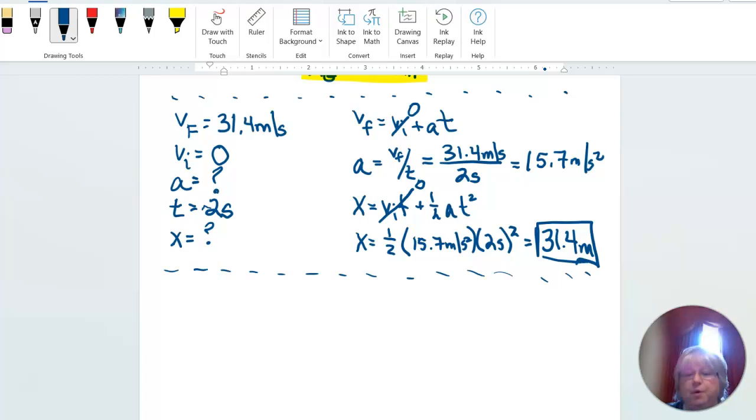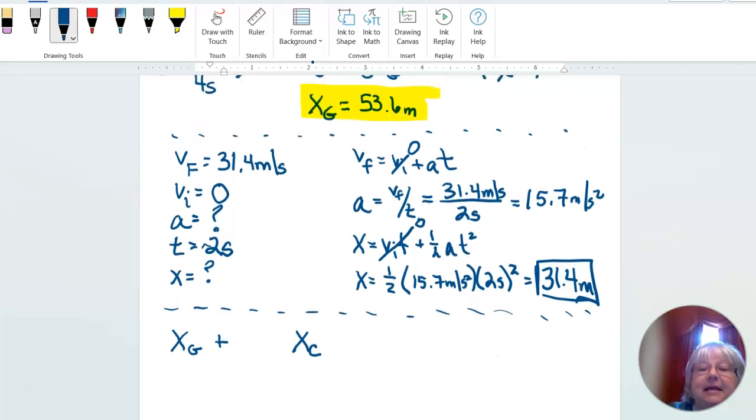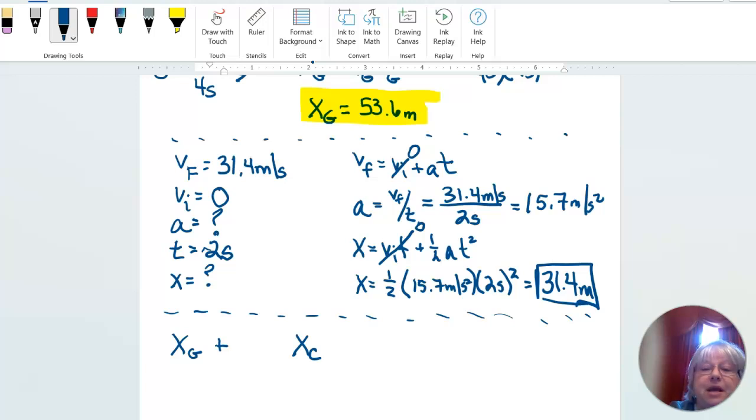So here's what I know. My gazelle is going to run a certain distance in whatever time period that is. My cheetah has to run that same distance plus the difference between where it is and where the gazelle is.